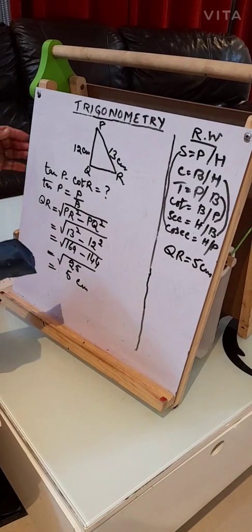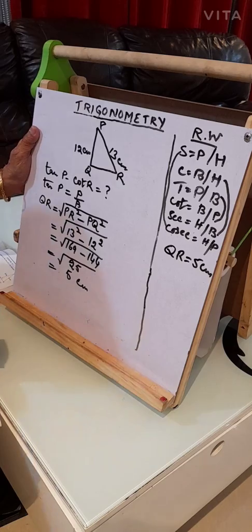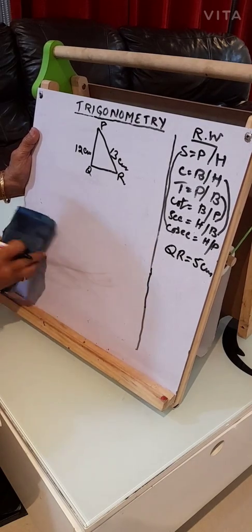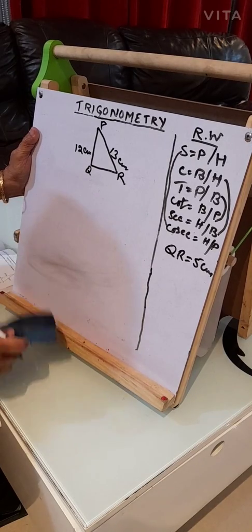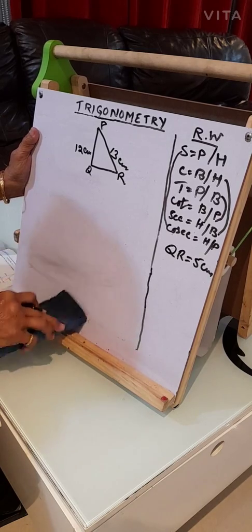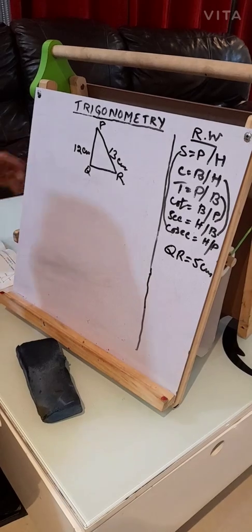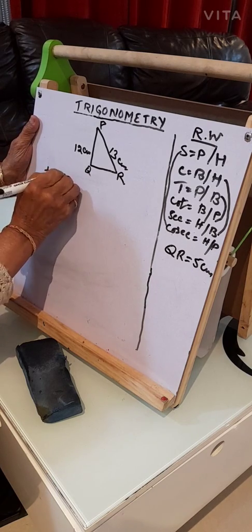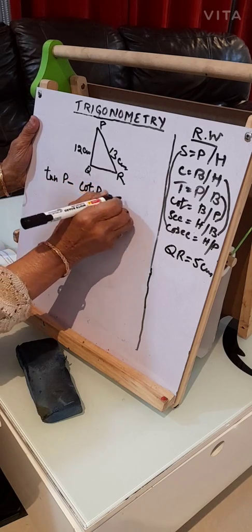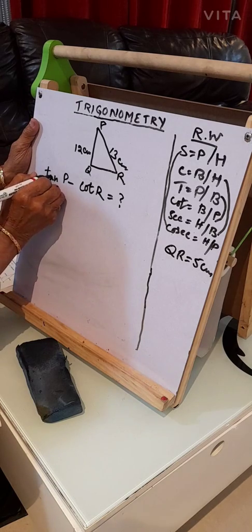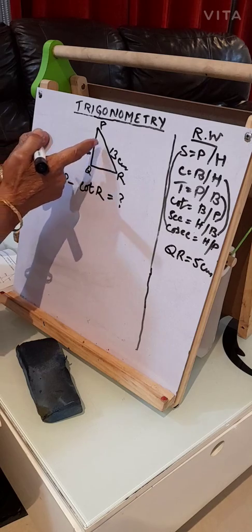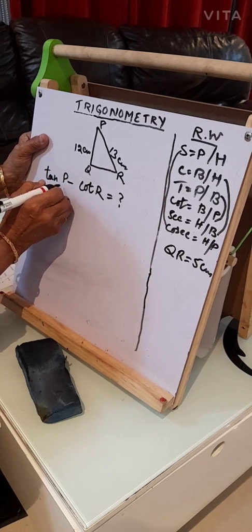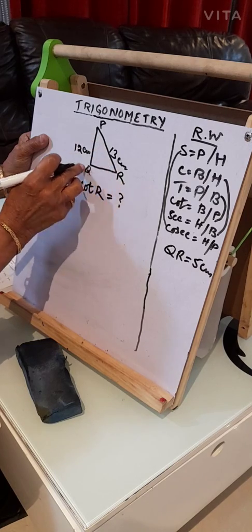Now, because this blackboard is a little small, I have rubbed the portion I had written over here. Now we are to find tan P minus cot R. Tan P, for angle P, tan is equal to P over B. So how much is P for angle P?